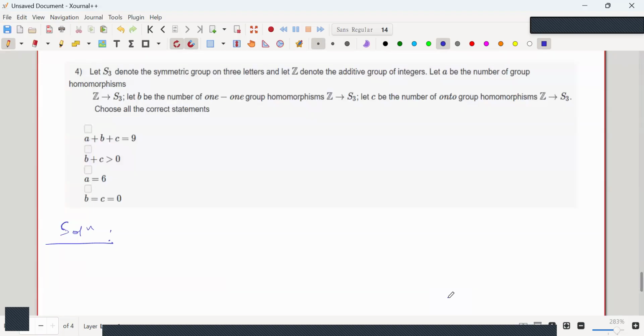Since it is a cyclic group, if I know where one maps, I know where the rest of the elements go. So one can map to the identity, or to the two cycles or the three cycles. It can be mapped to anything, right?